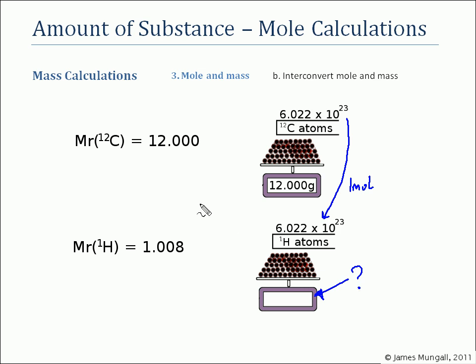Well, we know that this ratio between individual atoms is 12 to 1.008. So if you scale everything up, instead of having one atom, we've got a mole of atoms, 6.022 times 10 to the 23, then this mass is going to be 1.008, i.e. the same as its relative atomic mass.